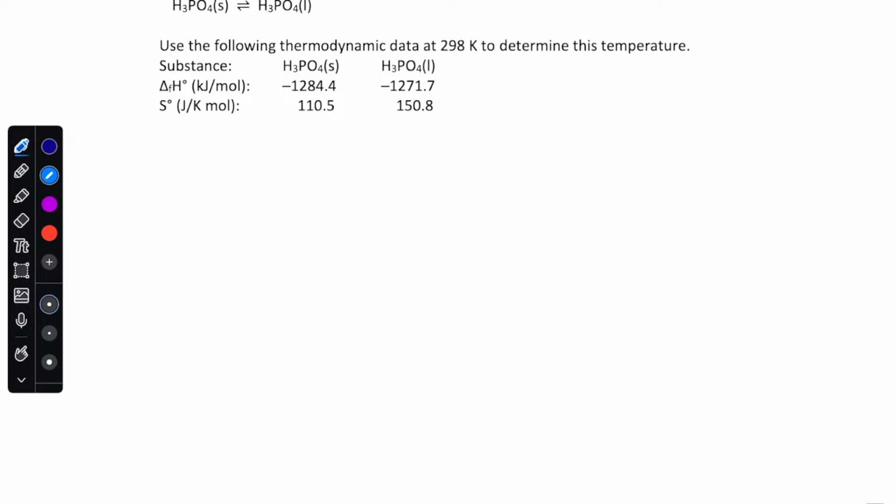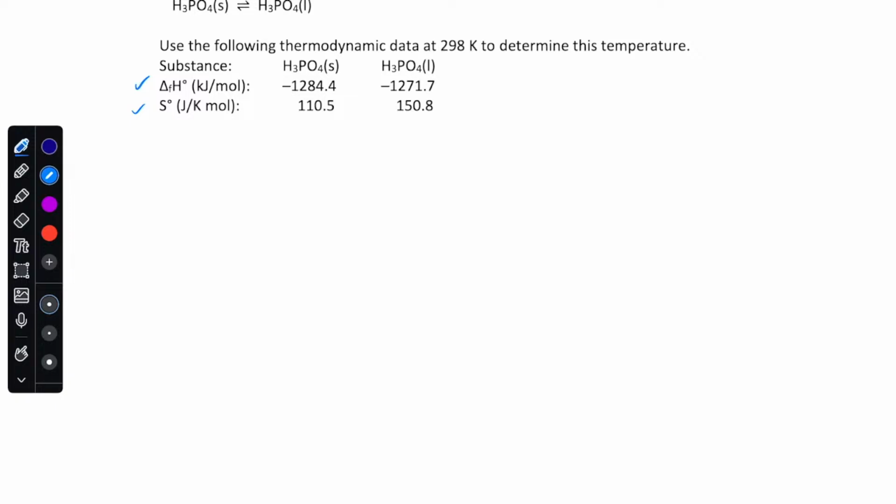41. The temperature at which the following process reaches equilibrium is the normal melting point for phosphoric acid. So this question gives us some thermochemical data, which is the enthalpies of formation and the standard molar entropies of this thing at 298.